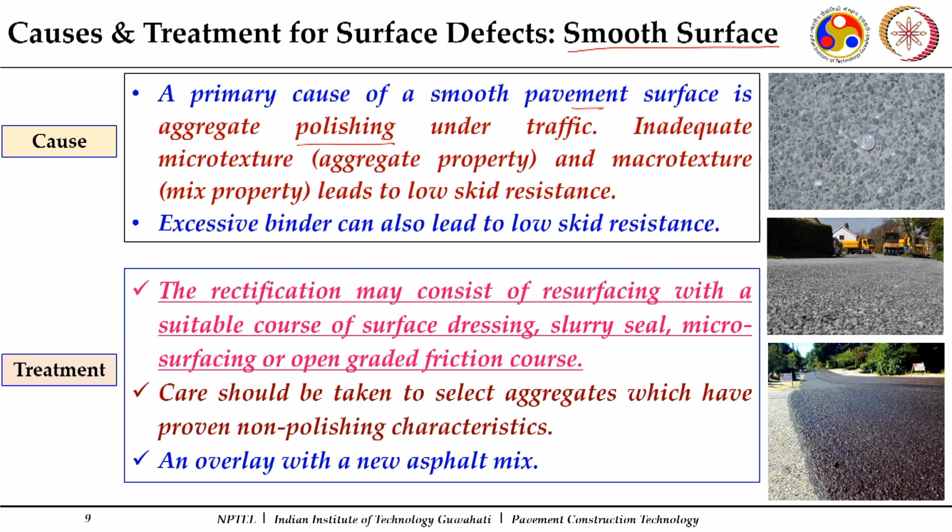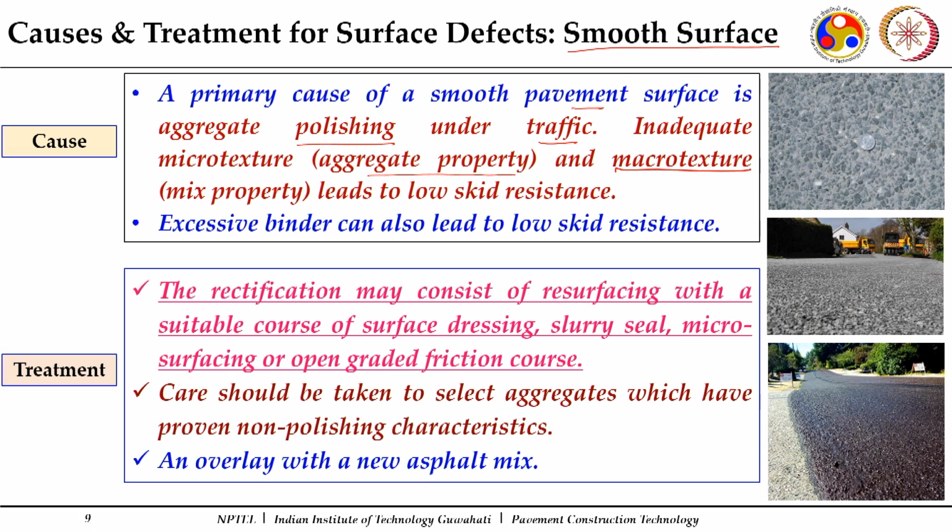It polishes prematurely under the traffic, and as we discussed during the measurement or evaluation of skid resistance, two factors usually play an important role in terms of the pavement surface characteristics. One is the micro texture, which is quite related with the aggregate property. It is aggregate rugosity or the roughness of an aggregate particle, and the second is the macro texture, which is the mix characteristic.